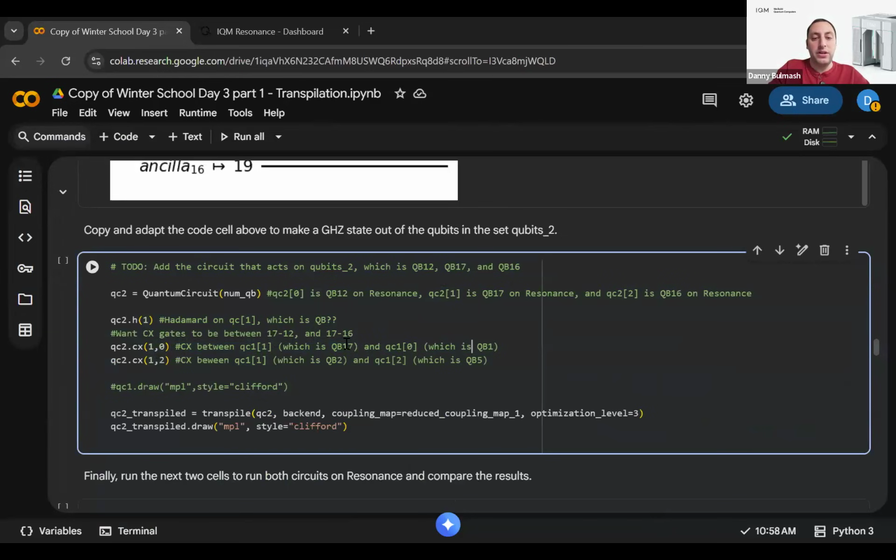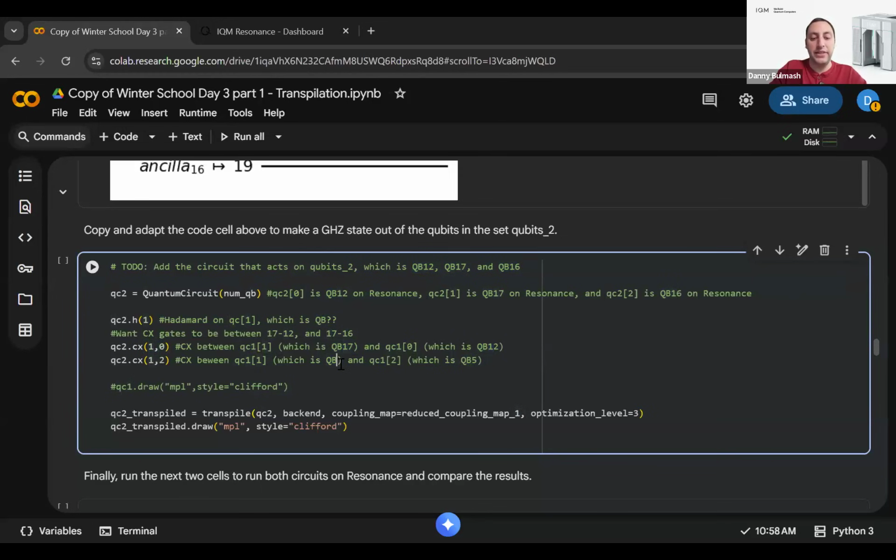And QC2 0 is the 12th qubit on resonance, right? We've got this mapping that we wrote down by listing our 3 qubits like this. So this is good. It actually gives us the CX gate between qubit 17 and qubit 12.